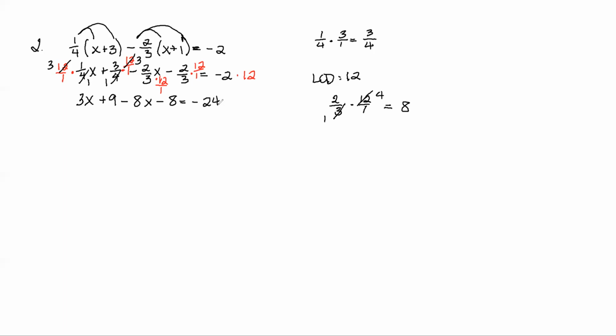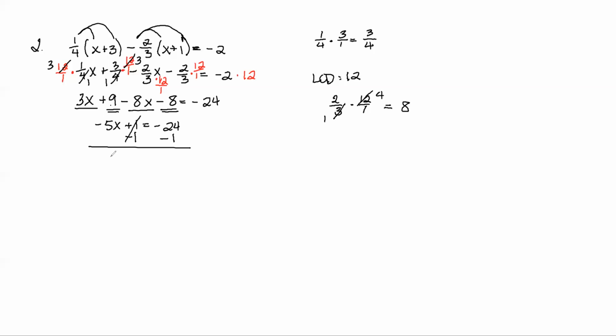Fractions are gone, so now let's go ahead and combine like terms on the left side. 3x minus 8x is -5x. 9 minus 8 is 1, so plus 1 equals -24. Let's go ahead and get all of our constants on the right because the variable's on the left, so we'll subtract 1.